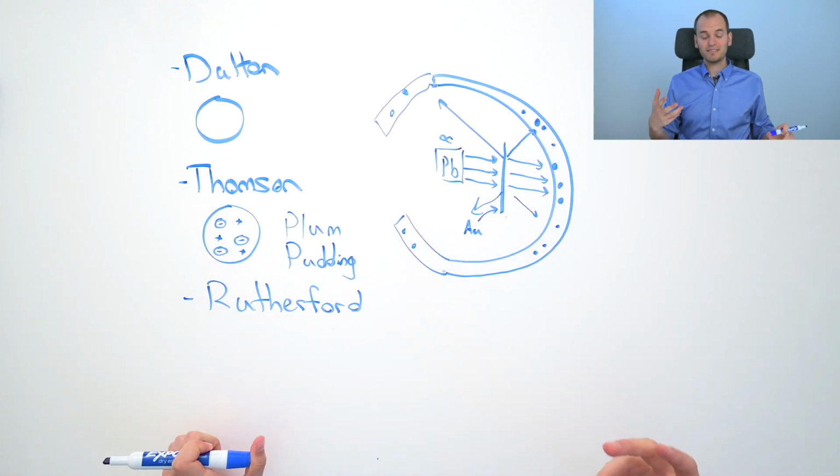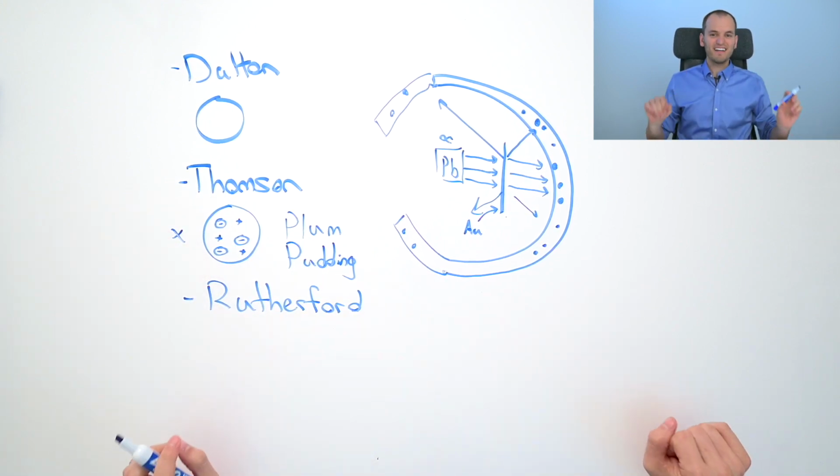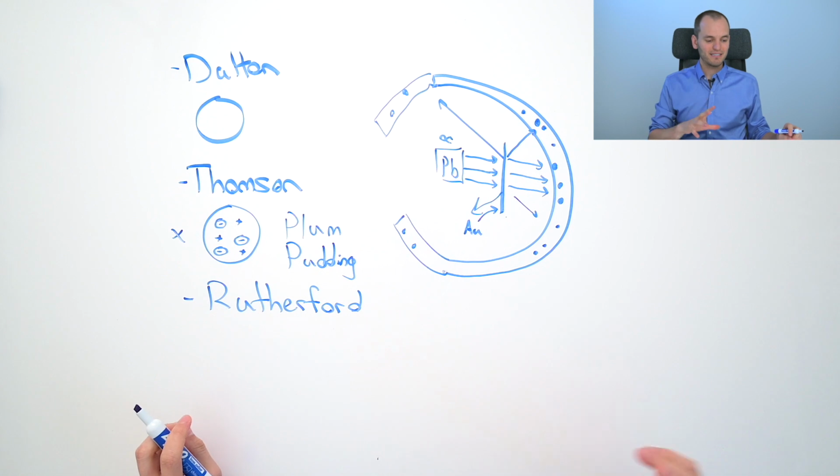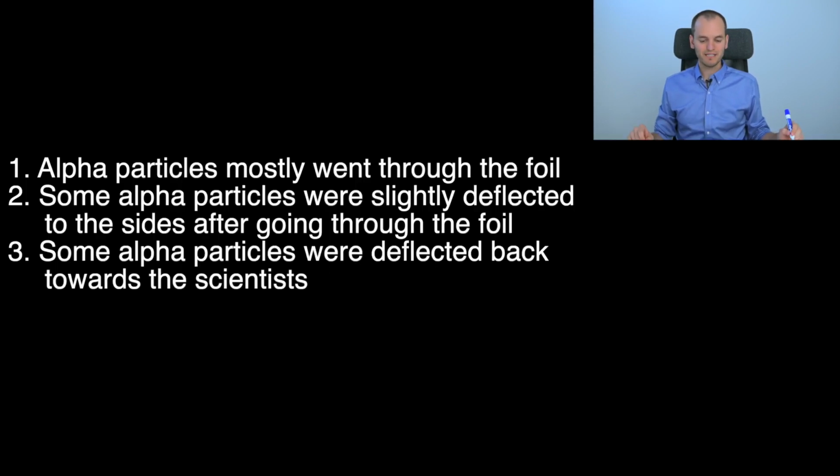What this did is it really took away the idea that Thomson came up with, because we learned 3 main things: the alpha particles going straight through, the alpha particles deflecting a little, and the alpha particles getting fully deflected back towards the scientists or the lead.